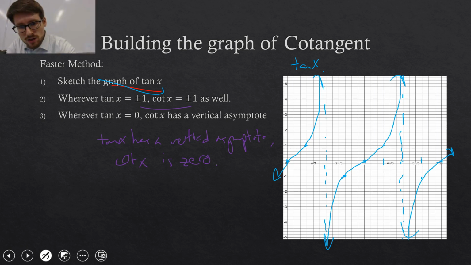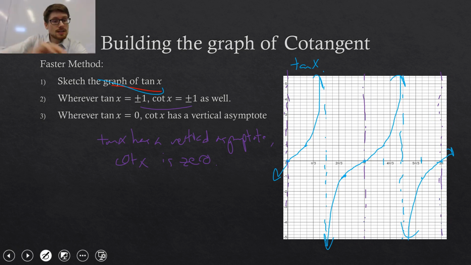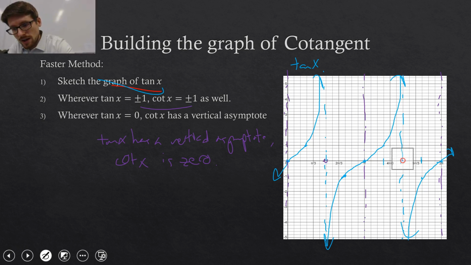We've got vertical asymptotes at 0 for cotangent's graph. Here's another one, and another one: 0, pi, 2 pi. These are all vertical asymptotes. And whenever tangent has a vertical asymptote, that means cosine is 0 and sine is 1, so cotangent will be 0. So we've got a 0 here and a 0 here.